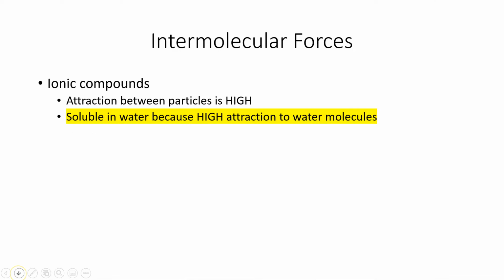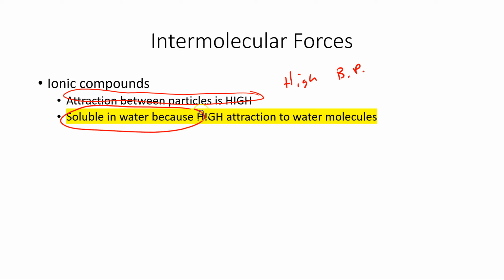Now, moving on to aroma in a second, but here's what we want to remember. Ionic compounds, we have a high attraction between particles, right? They have high boiling points and tend to be soluble in water.